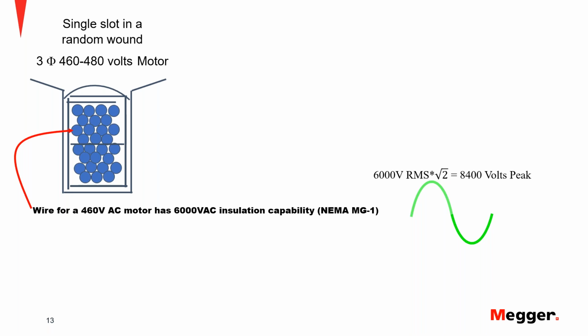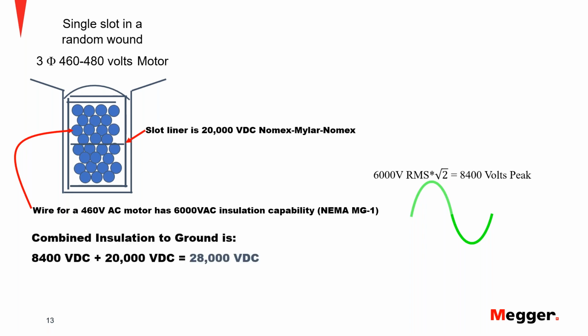Now, the slot liner that we put in the slot to build the insulation of the winding in the slot is typically going to have, for that 460 volts motor, around 20,000 volts. And remember, this is when the machine is being built, in the moment when the machine is new, just out of the production line.